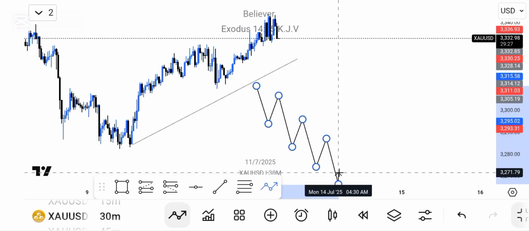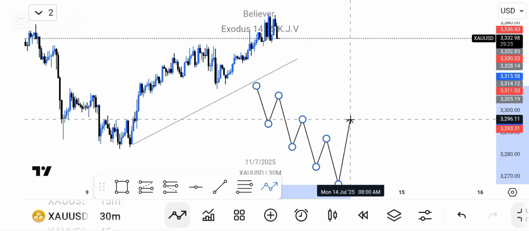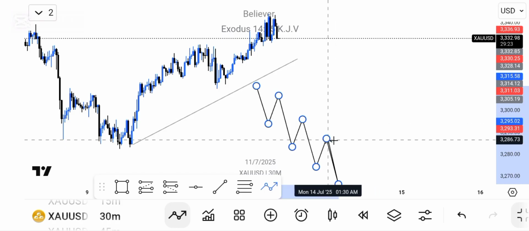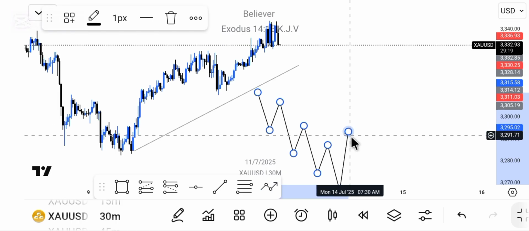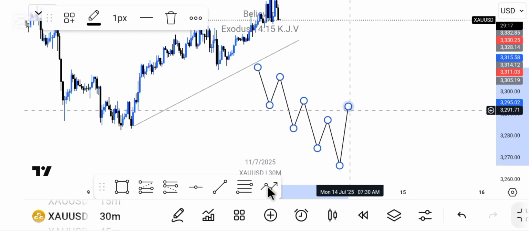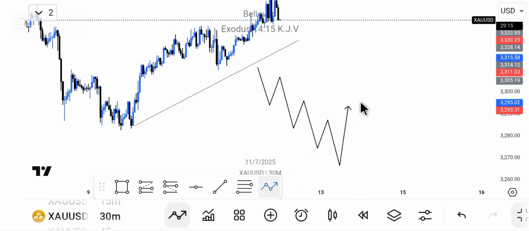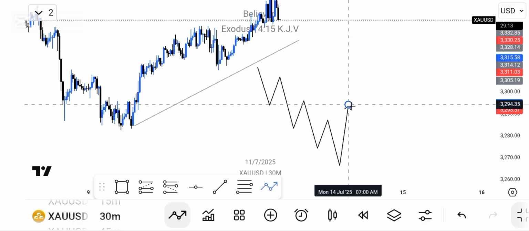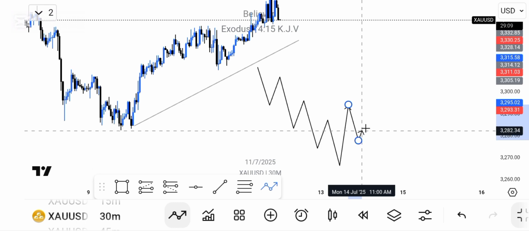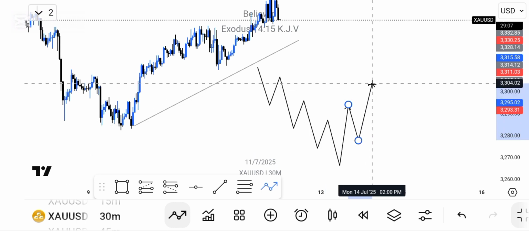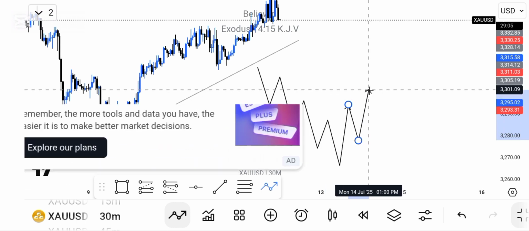Then I want to see price move up, thereby breaking this structure, or should I call it market structure shift. Then after that, I want to see price come down to give me an inducement, then break structure to the top. That would be very nice.